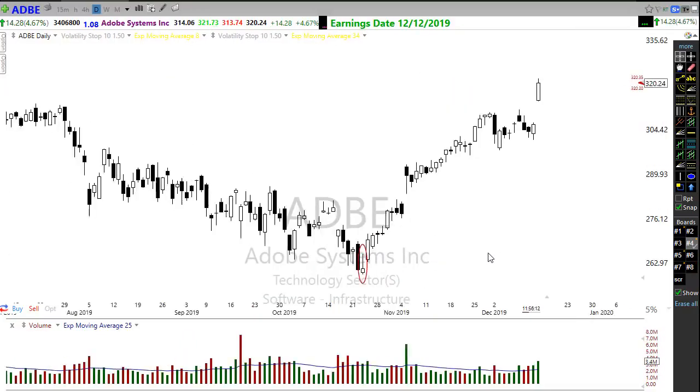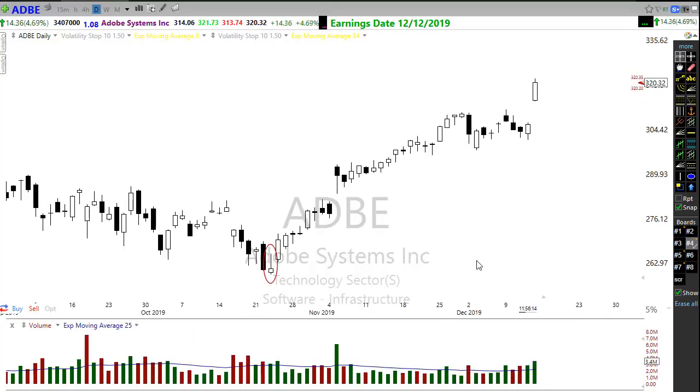Adobe. Inverted hammer. Stock moving down. Inverted hammer shows up. Follow through to the upside, and this stock really hasn't looked back since. Inverted hammers can be a nice reversal pattern at times in charts.